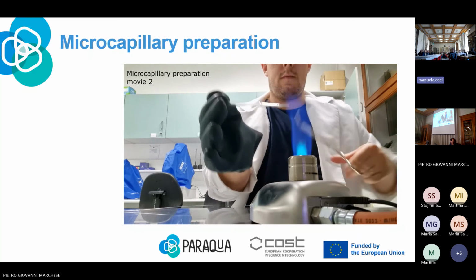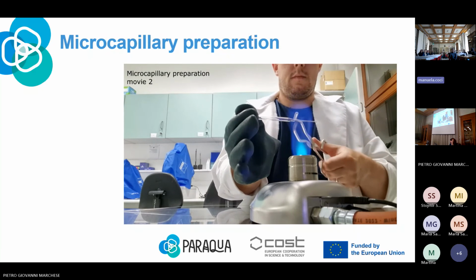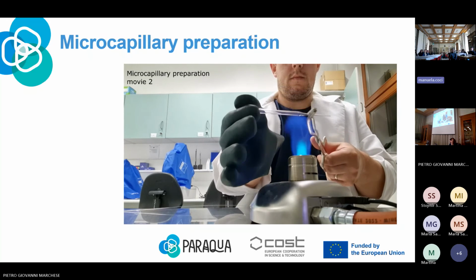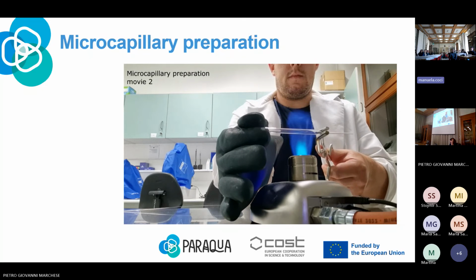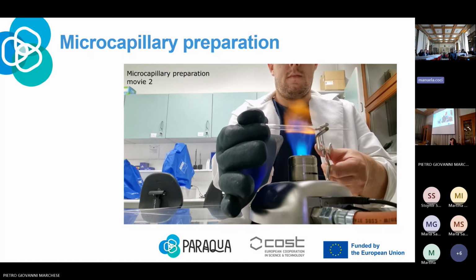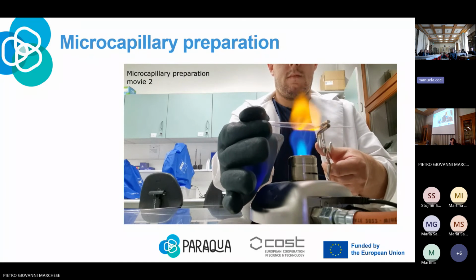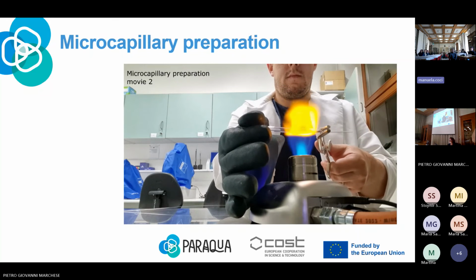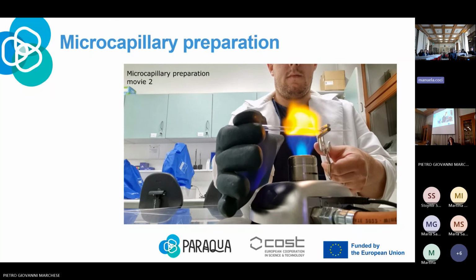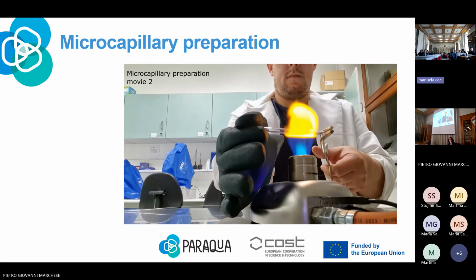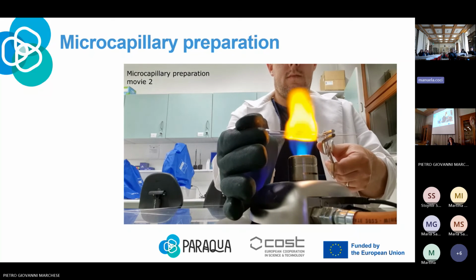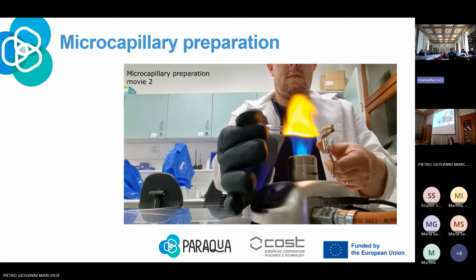So in this way, we can obtain several microcapillaries. Depending on our target organisms, if they are really very thin, not so big like cyanobacteria, we have a greater chance to pick a very small volume of the medium with our target specimen and only a few other contaminants or other organisms.